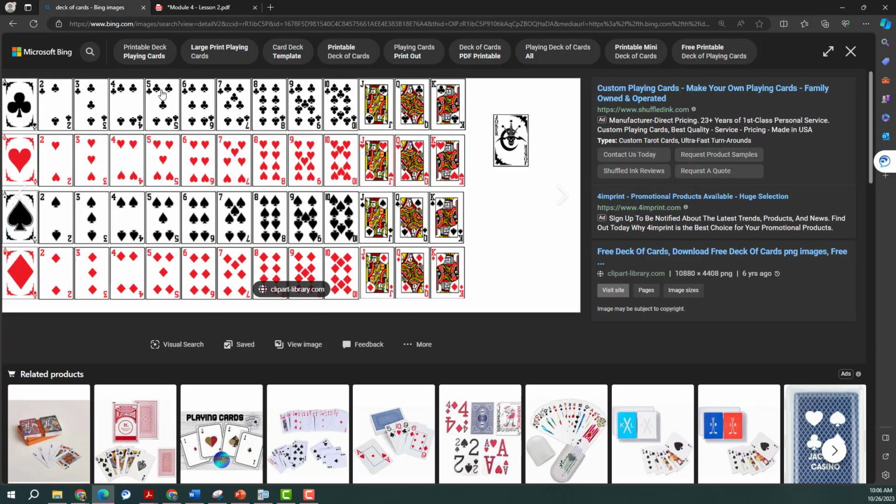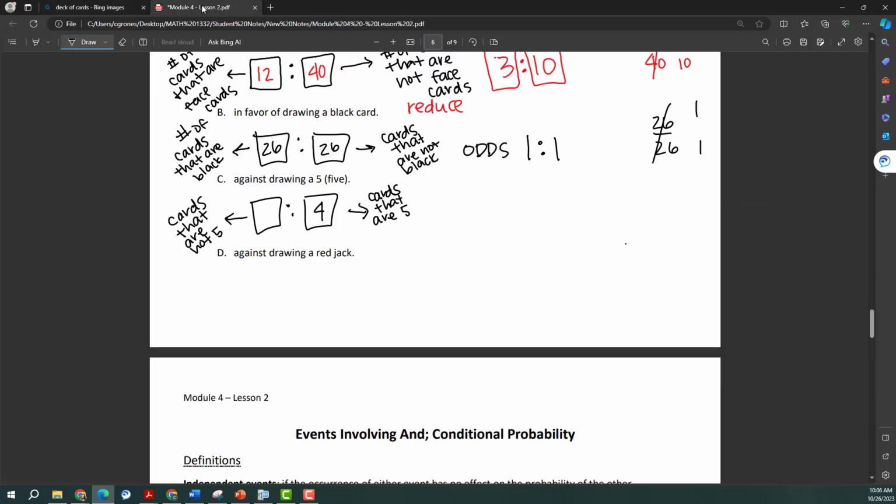If you look at your deck, we have 4 5s. So that means the rest of them are not 5s. So 52 minus 4 is 48. And so if we reduce this down, 48 over 4, we can do 12 over 1. So our odds would be 12 to 1.